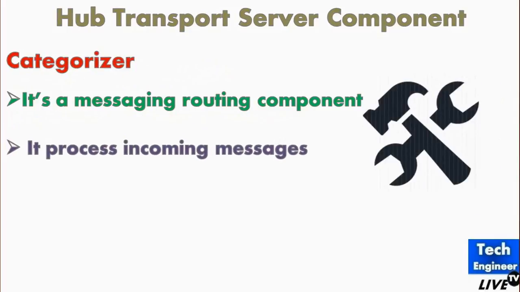Then it processes incoming messages. For example, it not only routes, but it also processes incoming messages. The message will be worked on as a suitable document, as a suitable means.